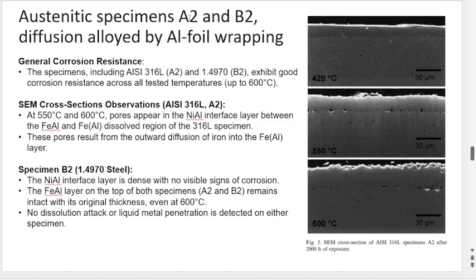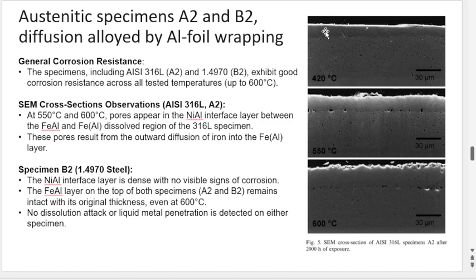And as for the A2 and B2, where the aluminum foil wrapping treatment was applied, for general corrosion resistance, the specimens A2 and B2 exhibit good corrosion resistance, as we can see, across all tested temperatures up to 600 degrees C. So yeah, it is protected.